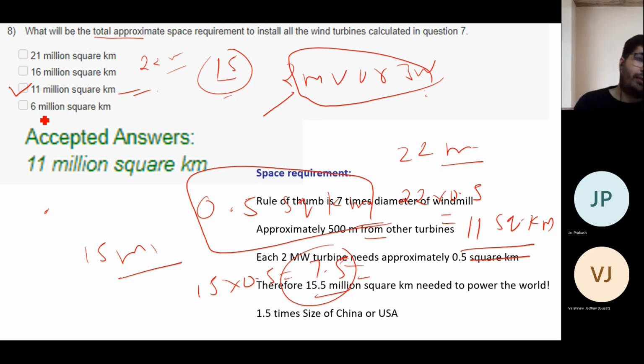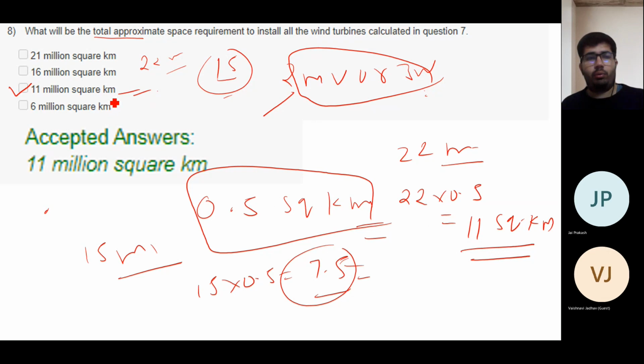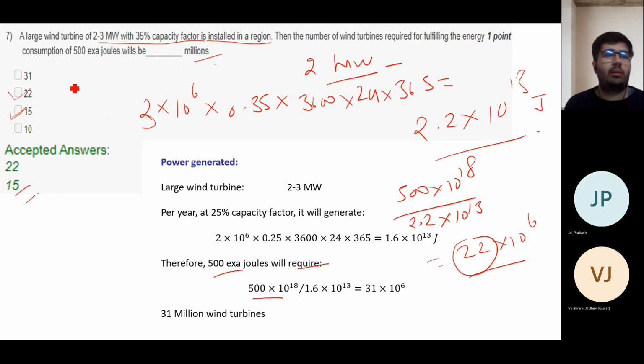Suppose in the options 7.5 is also mentioned, then you have to tick that, because in question number 7 you can see we have given 2 or 3. Then the correct answers are 22 and 15, because we can consider either 2 or 3. So we calculated from both and came up with options B and C. Now for space requirement also you have to take both options.